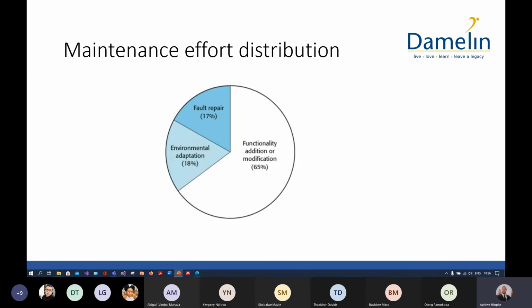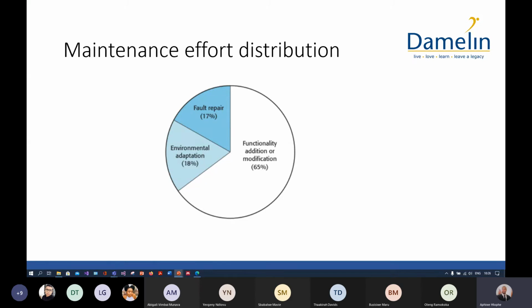So, maintenance efforts distribution or cost. In terms of software, effort is measured in person hours. So the amount of hours that developers spend on a particular thing is also converted to cost. So effort is equal to person hours, which is equal to cost.